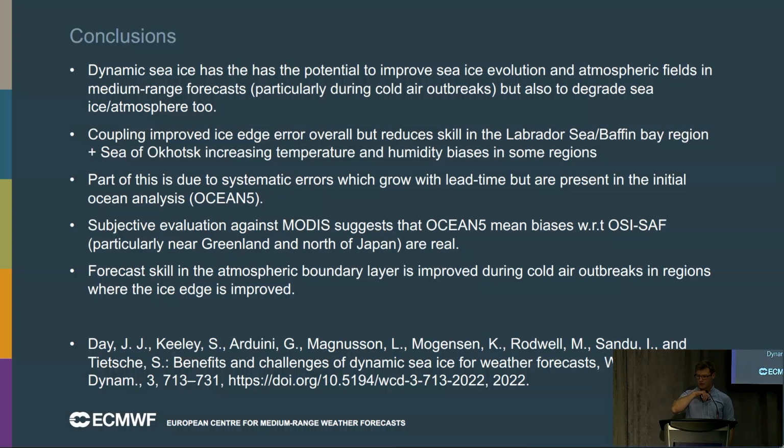But we think a lot of this is due to systematic errors in the ocean analysis, partly related to the fact that the minimization for the sea ice concentration is done in isolation rather than in conjunction with the SSTs and the mixed layer temperatures, so you get some inconsistencies there, which mean that the sea ice grows back a little bit too quickly when it is removed.